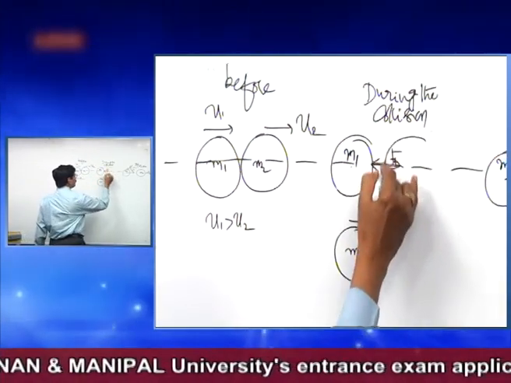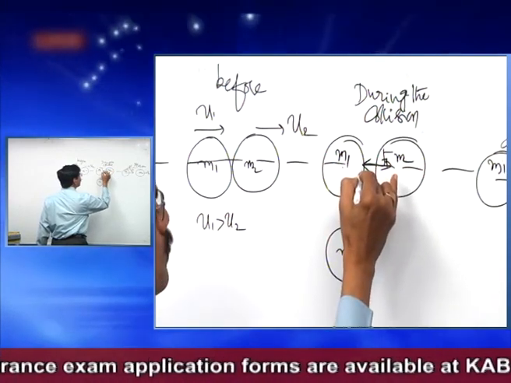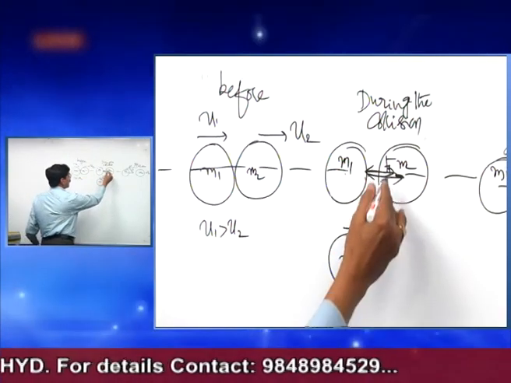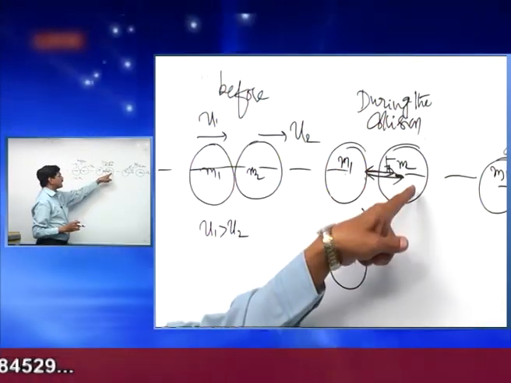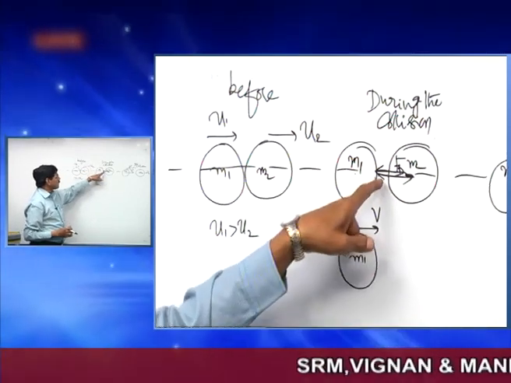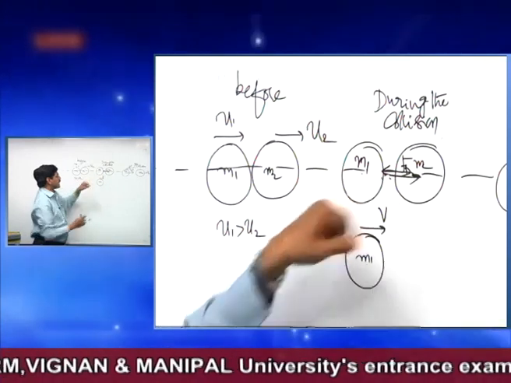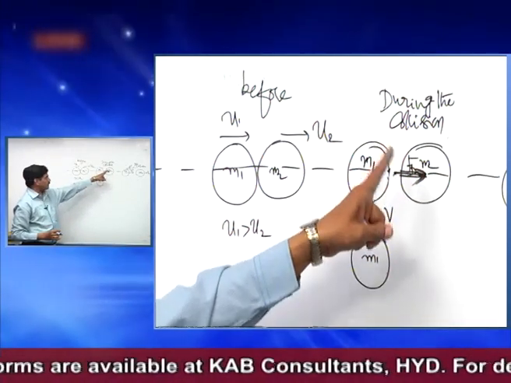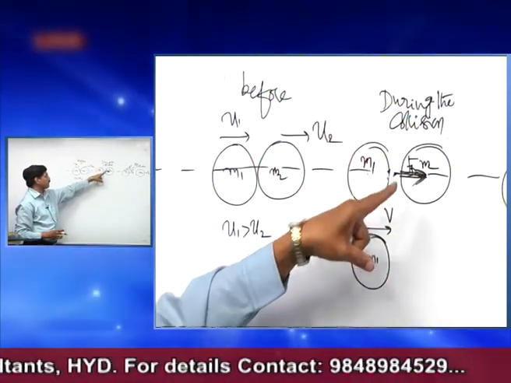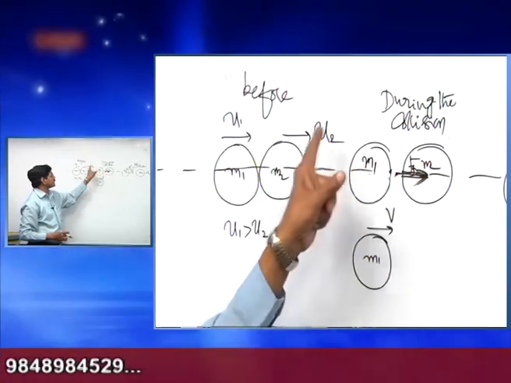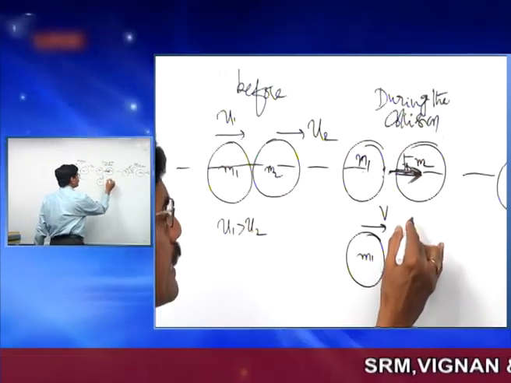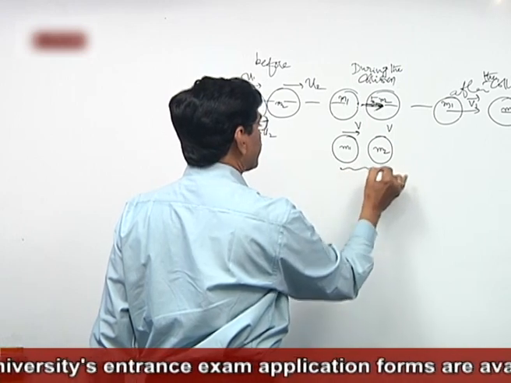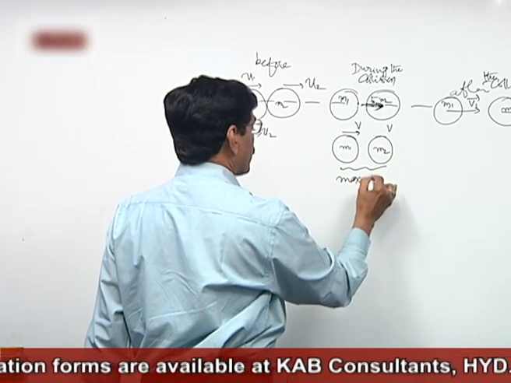Similarly, during collision, the second ball also experiences a deforming force towards right. It was initially moving with velocity u2, and the impulse of deformation acts on m2 towards right. Therefore, its velocity increases from u2 to the same velocity as that of the first ball at the time of maximum deformation.